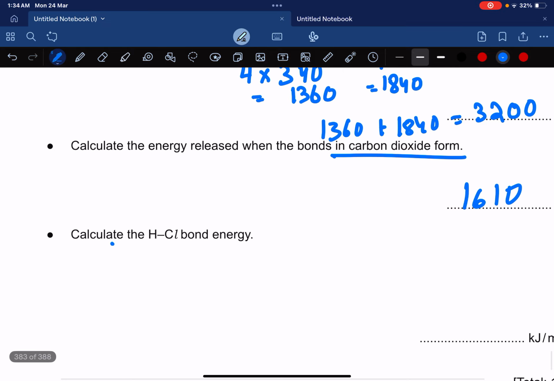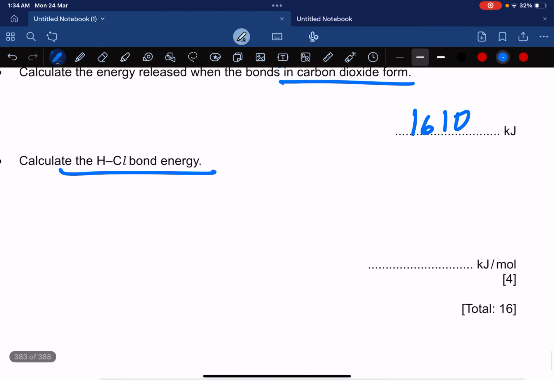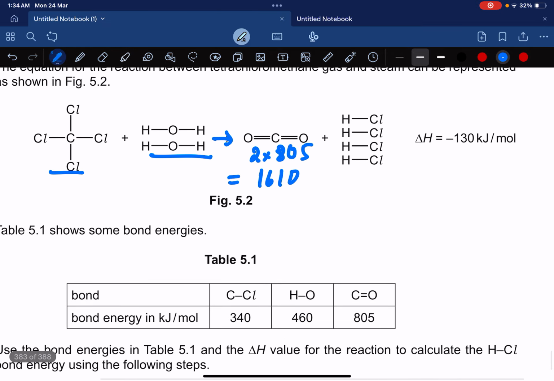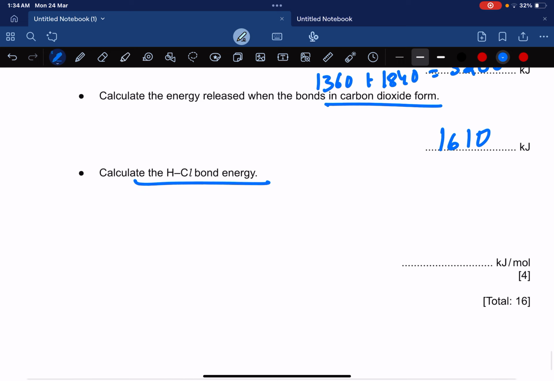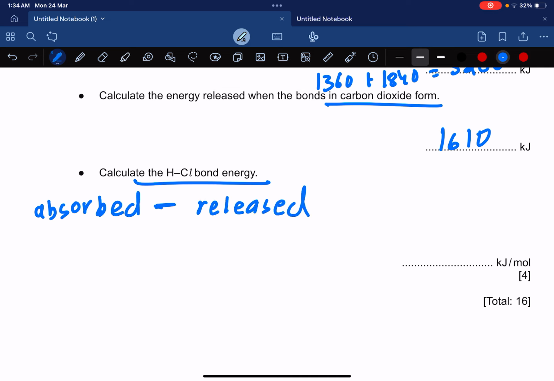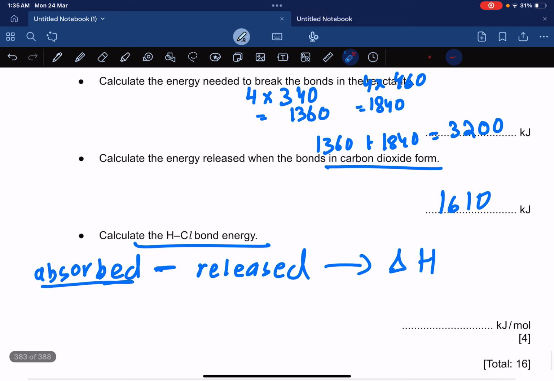Calculate the H-Cl bond energy. Now the total enthalpy change is -130 kilojoules, which we know. We know that the energy absorbed in the reactants minus the energy released when the products were formed is equal to your total enthalpy change. The total absorbed in the reactants, which we calculated, was 3200.